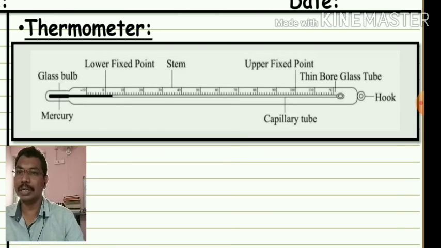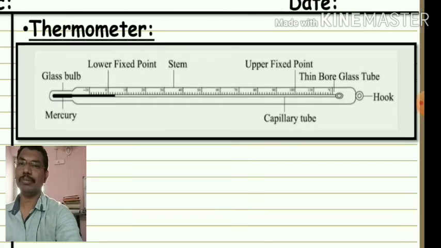At the glass bulb, mercury is filled so that it touches the lower fixed point, and the entire part is called the stem, and we have an upper fixed point also. What we are seeing in the image is a laboratory thermometer, and by using this thermometer we can check the temperature of various reactions that take place in the lab.